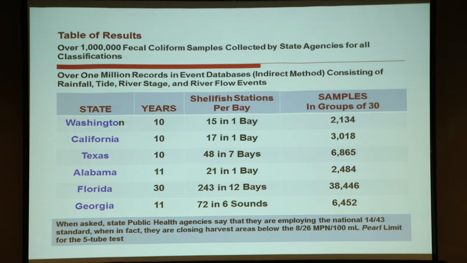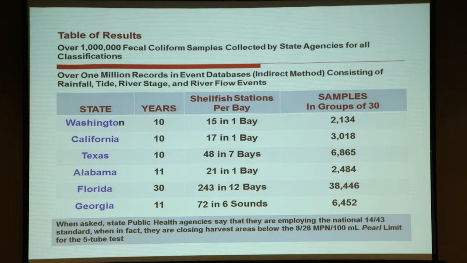Now, for a decade, we have analyzed agency data sets employing the 1443 standard from the Pacific, Gulf and Atlantic coast and found that they were actually managing the shellfish closures on levels below the national NSSP level. These agencies say that they employ the National 1443 standard, but in fact they are actually closing harvest areas at or below the 26 mpm per 100 milliliter Pearl limit.